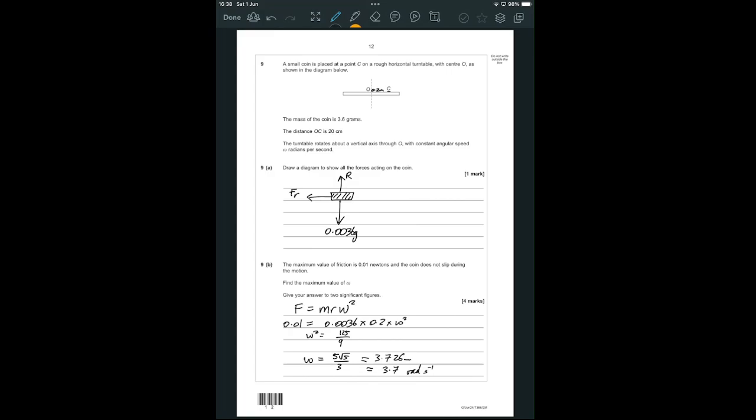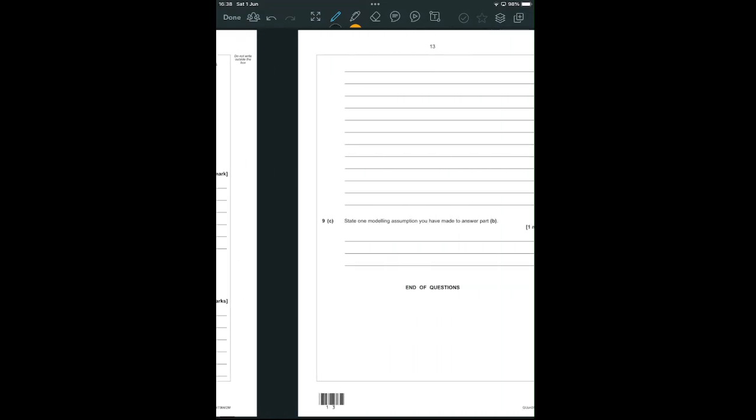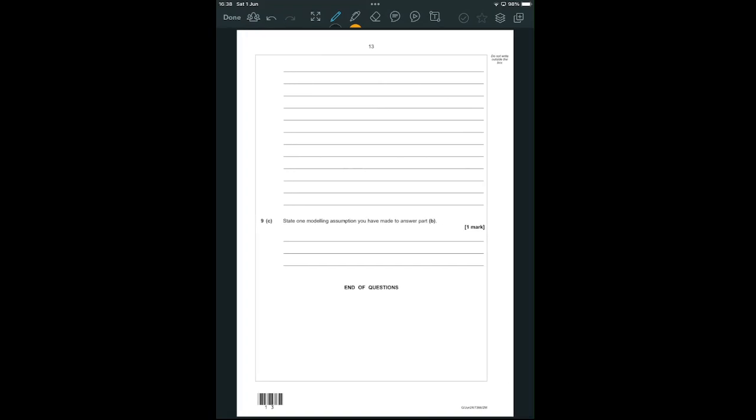That will cause it maybe to slip in a different direction, or at least have the friction pointing in a different direction. But the best that I'm going to go for is we've assumed that the coin is small enough that the radius is indeed what the radius is. Assumed the coin is small enough so that the radius of motion is 0.2 meters.